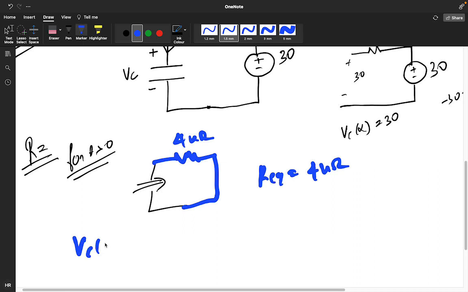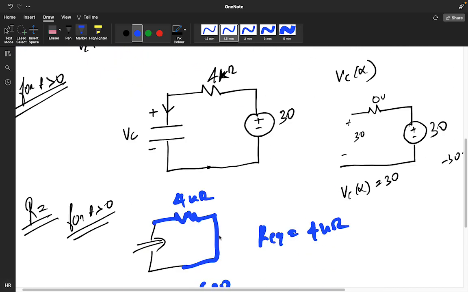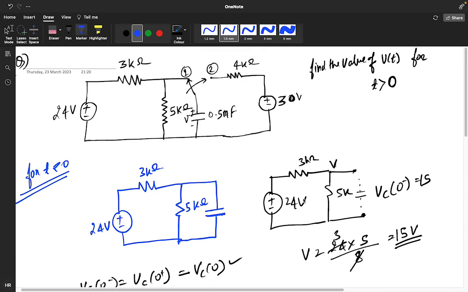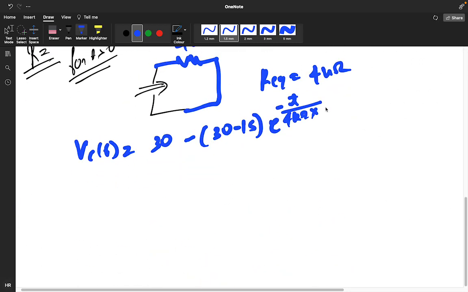So VC of t will be VC of infinite, 30, minus VC0. VC0 was 15, minus 15 e power minus t by RC. R we got 4 kilo ohm into capacitor we have 0.5 microfarad, 0.5 millifarad. It's not microfarad, it's millifarad. So this milli and this k will get cancelled out.